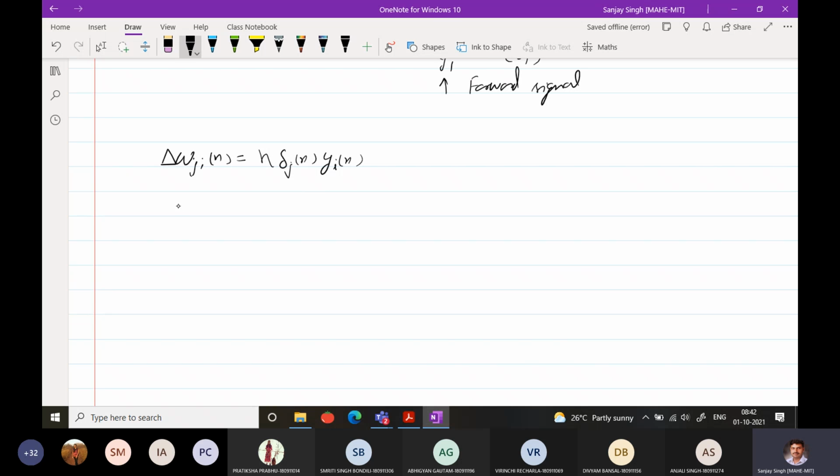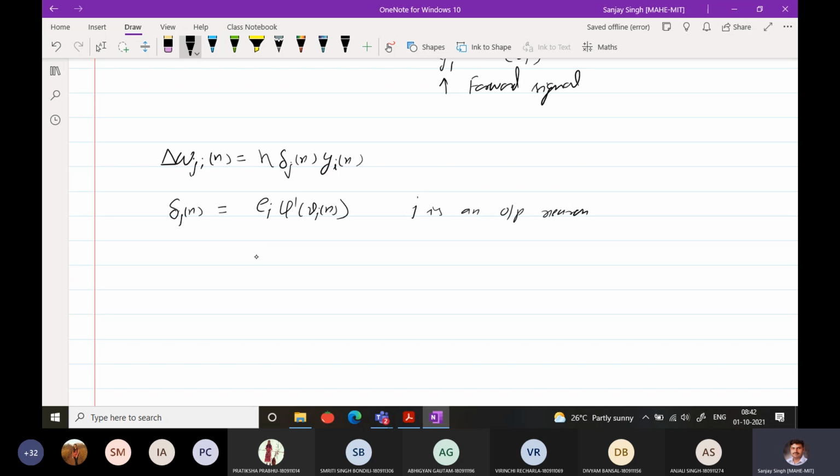We saw that delta j(n) can be written as ej(n) phi prime of vj(n) if j is an output neuron, or a neuron in the output layer.